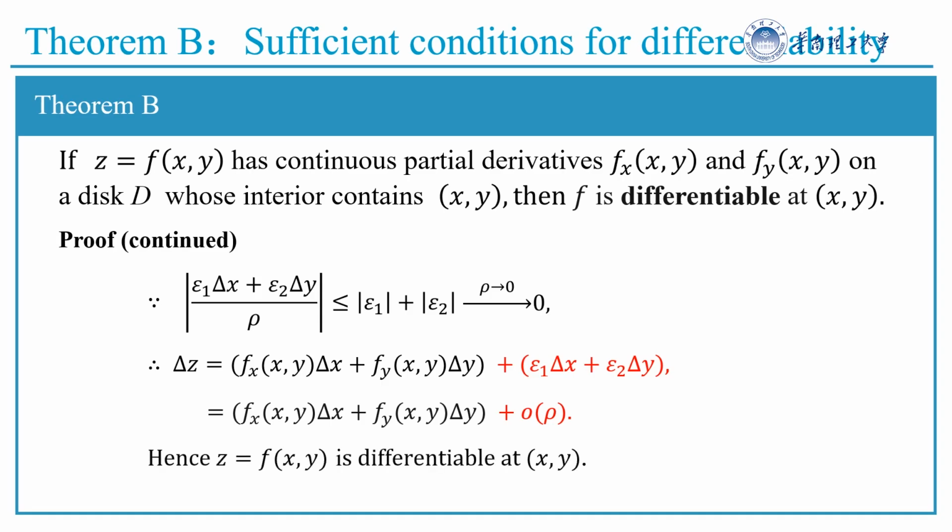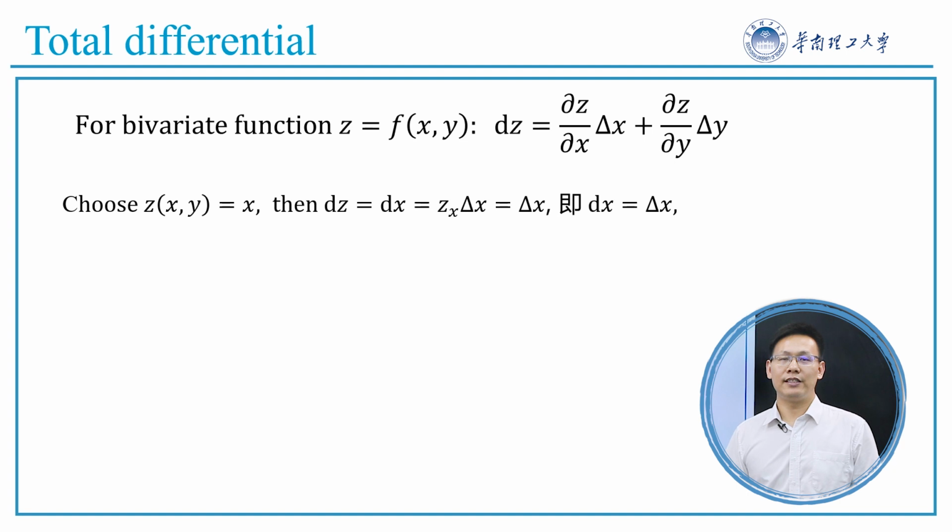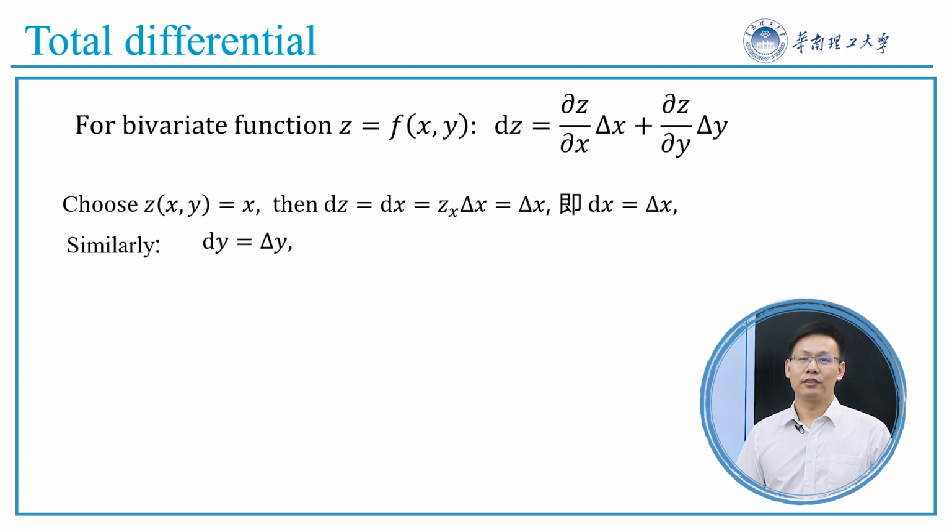For the bivariate function z = f(x,y), dz equals ∂z/∂x Δx plus ∂z/∂y Δy. Choose z(x,y) = x, then dz = dx = zx Δx = Δx. That is, dx = Δx.